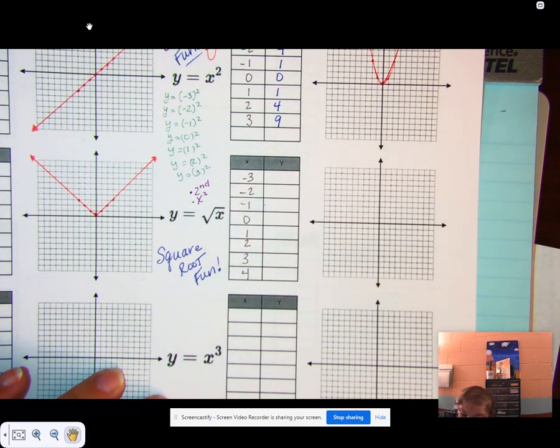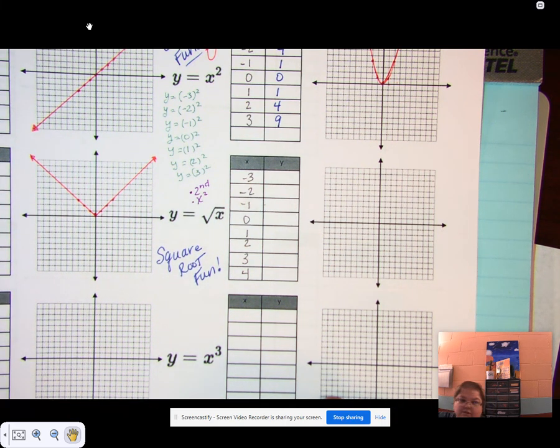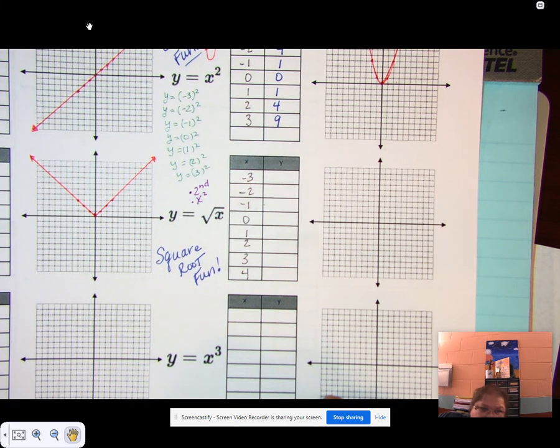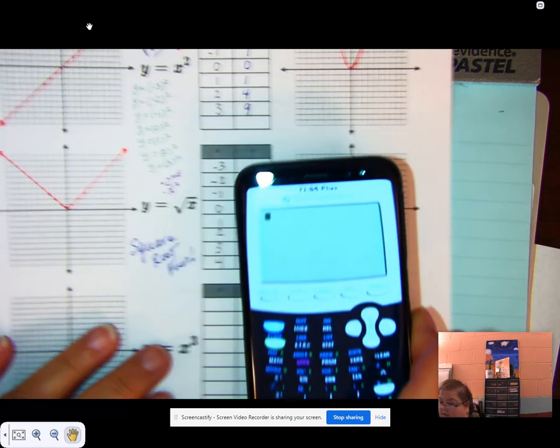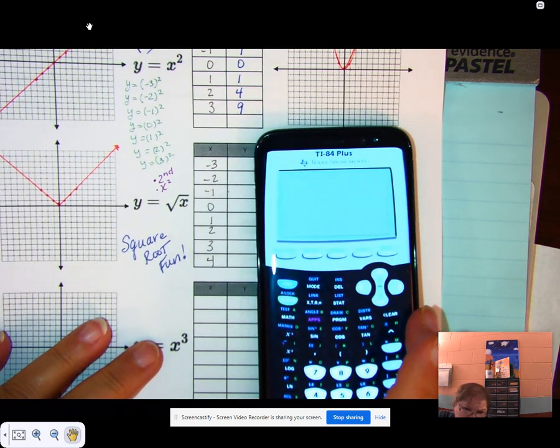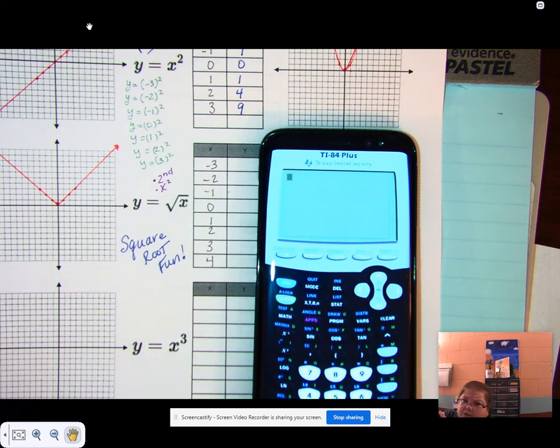Here we go. So when you type this into your calculator, which I do want to show you, when you go to your calculator, and I did put on the stream a way for you to download the graphing calculator, the TI-84, which is a good idea for you to do.